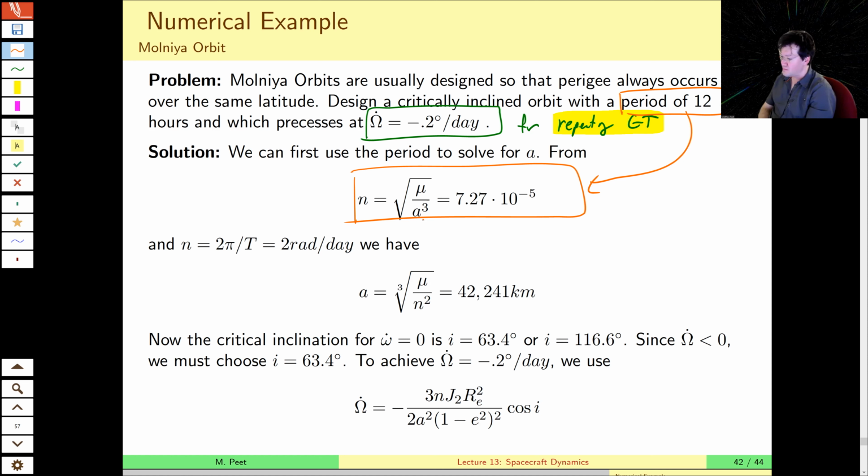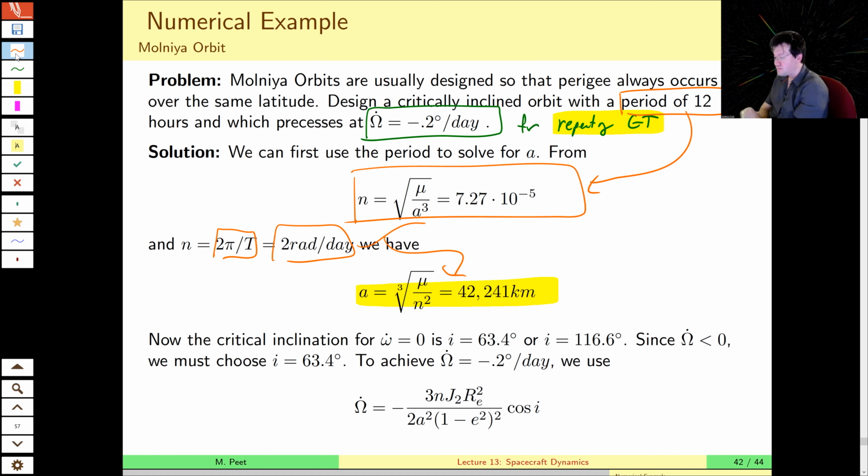And from that, we can combine these two to get the semi-major axis. Right? So period leads to semi-major axis. Next, critically inclined. Right, omega dot.